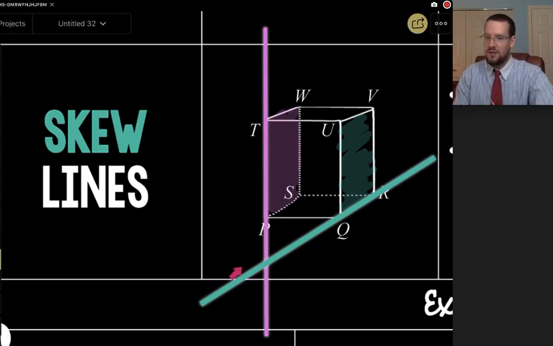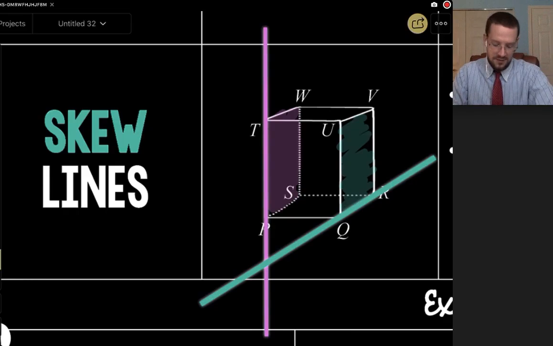So the pink line, TP extended, is going to be behind it, right? Because it's on a different face, and so they're on two separate planes. These planes are parallel, and so these lines, although they are not parallel, they're on a different plane, and they never touch. So those are what we call skew.